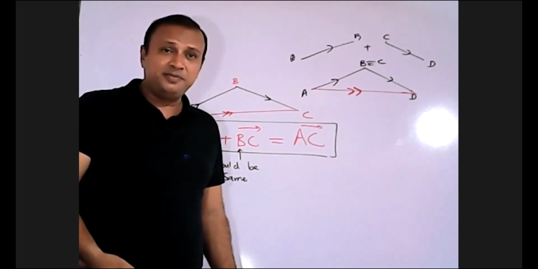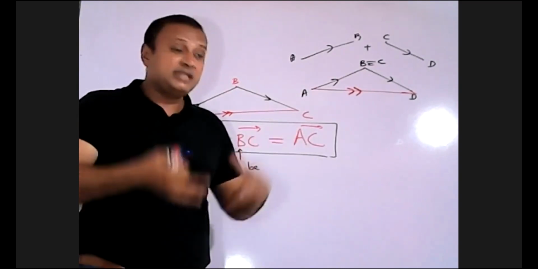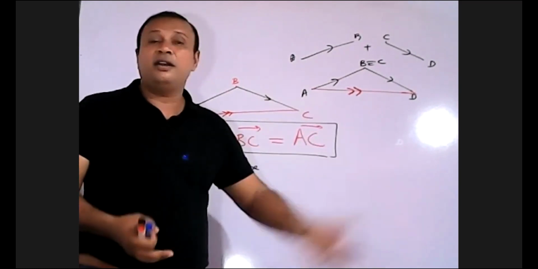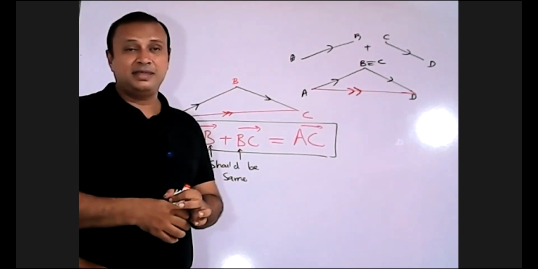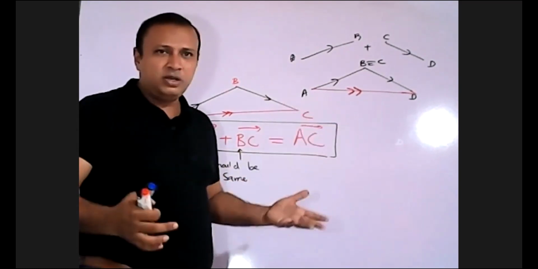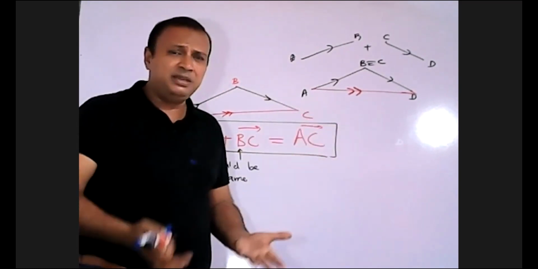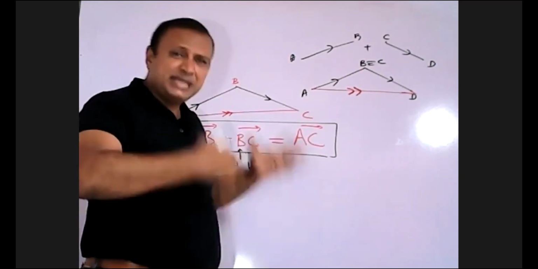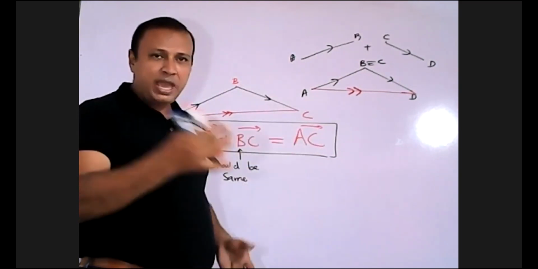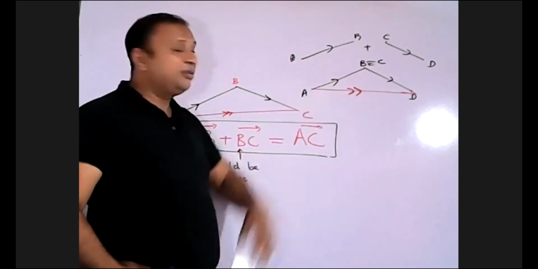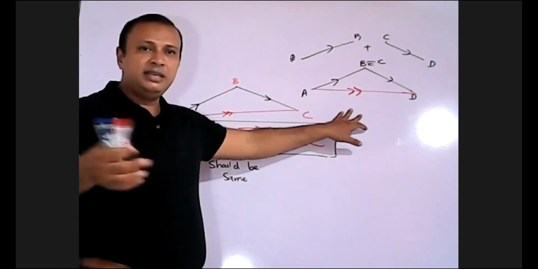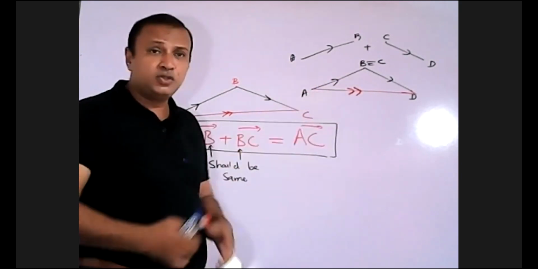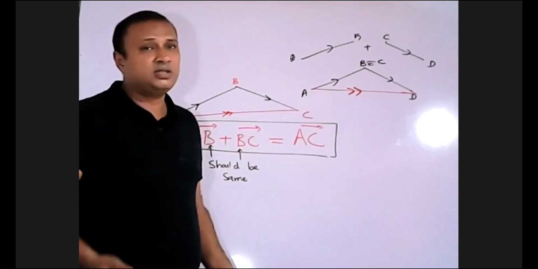So there's another theorem. It is called vector triangle theorem. Actually, it is not a separate theorem. It is the same thing which you have learned in principle of vector addition. But maybe it can be used to add two vectors only.